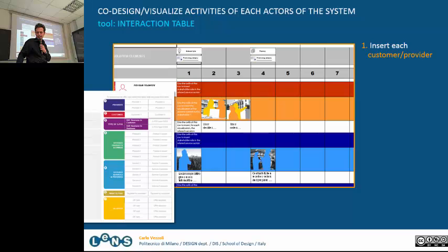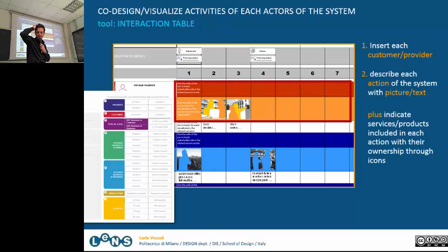And then we start describing the actions of the different actors from a time perspective. For example, we identify that the first actor, the producer, has to do something, and after that the user is doing something else.